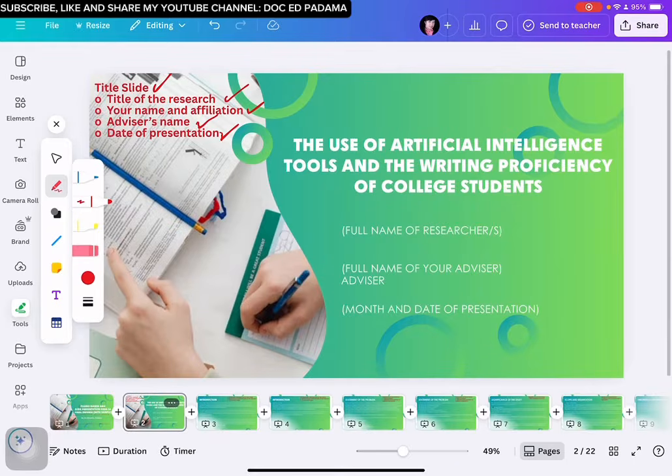So this is the research title, which is the same title that we used in our previous video, specifically in creating the statement of the problem. And then the second part should be the full name of the researchers or the students. And then the next part will be the full name of your advisor together with the title indicated at the bottom.